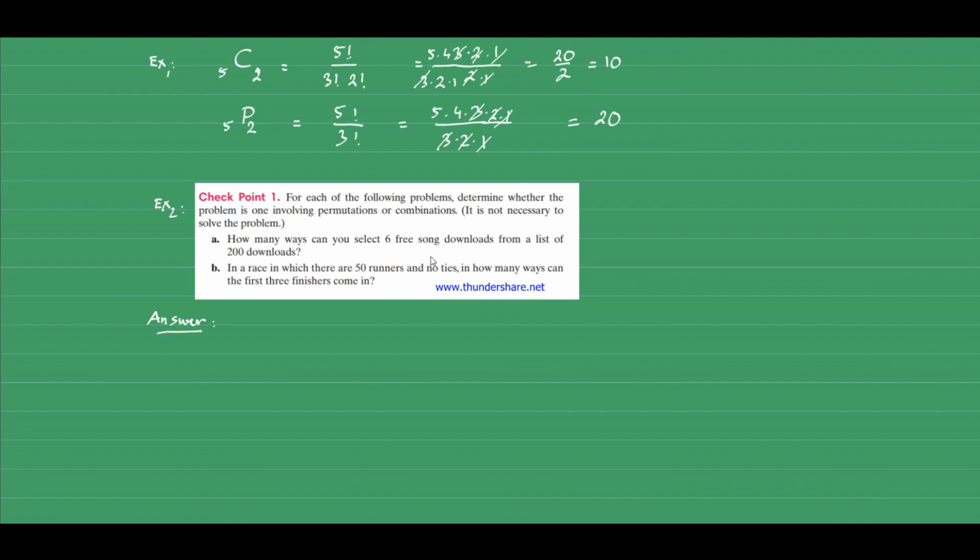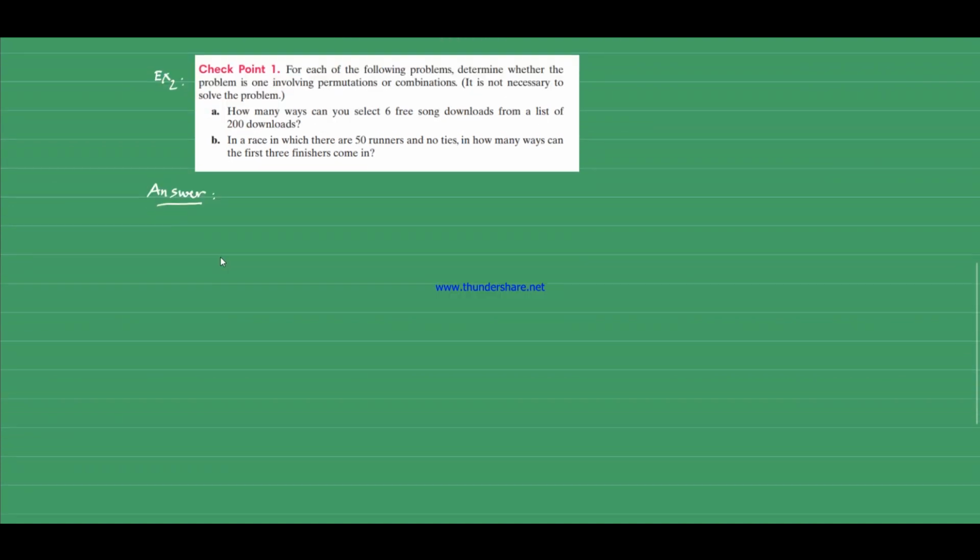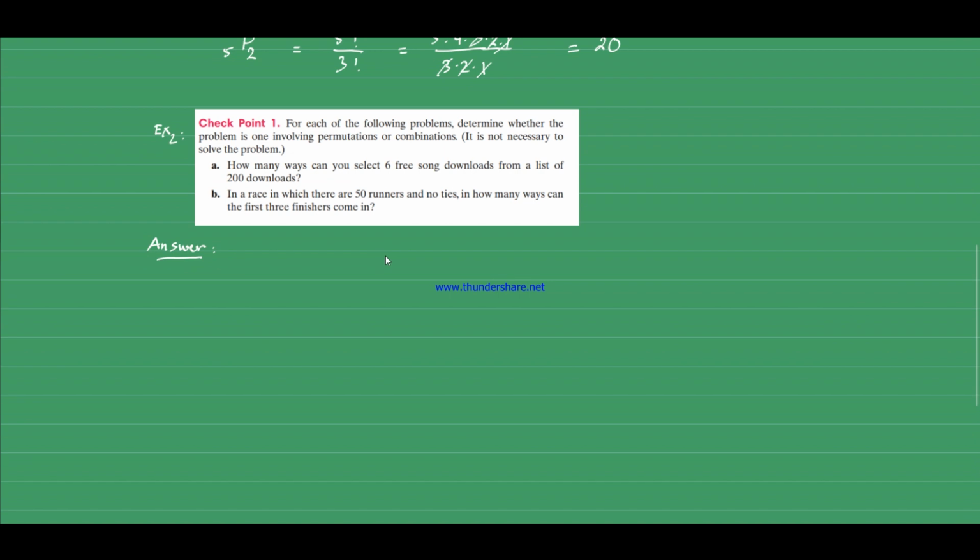How many ways can you select 3 songs from a list of 200? They didn't say which song goes first, or that we have to stack all the songs, or download one first. So of course no order is needed here.